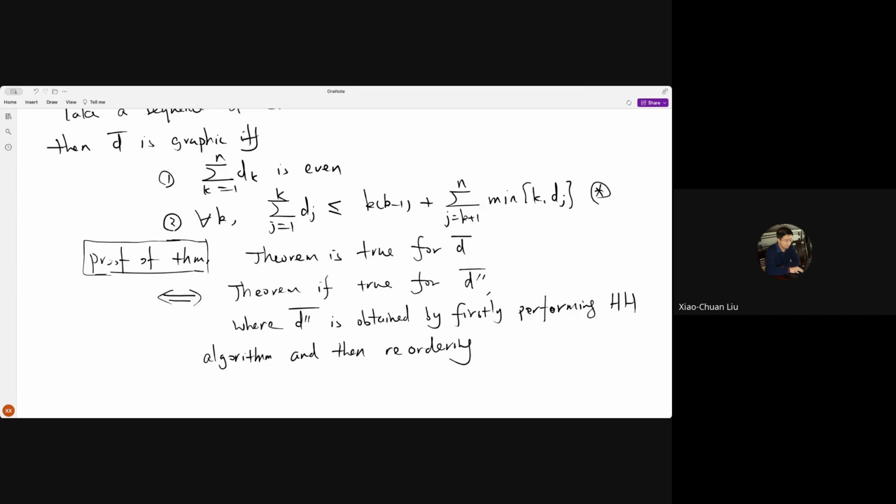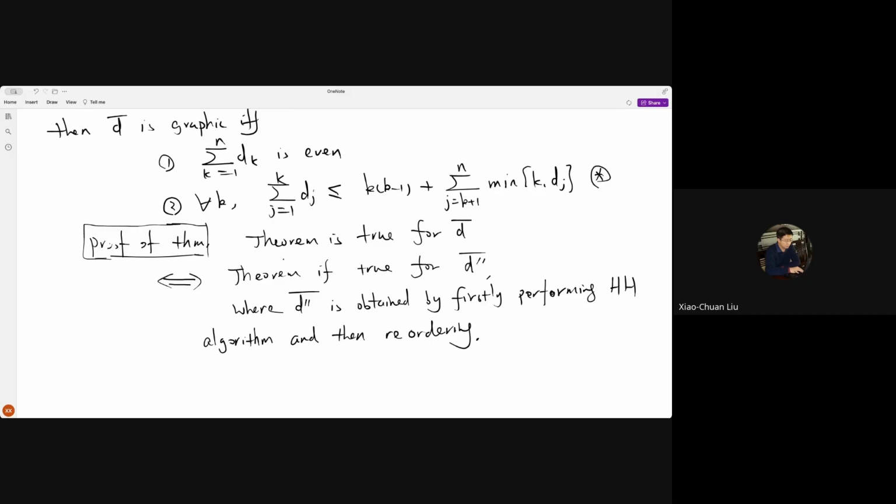So there is a step I missed. You have to do this. Essentially you have to prove this equivalence.